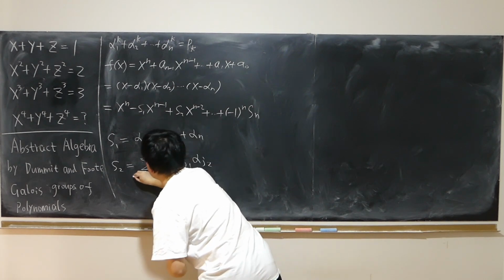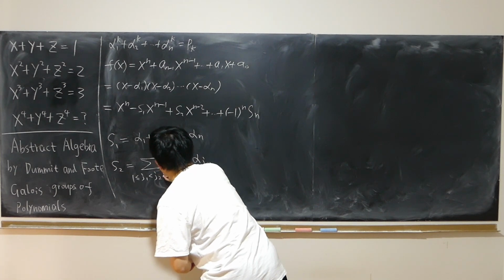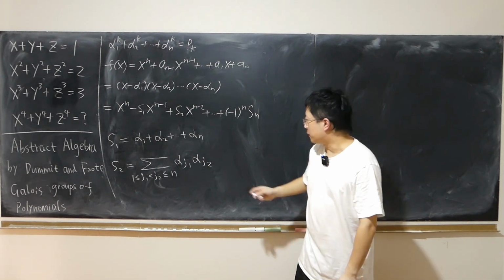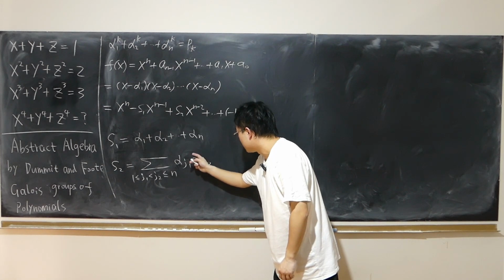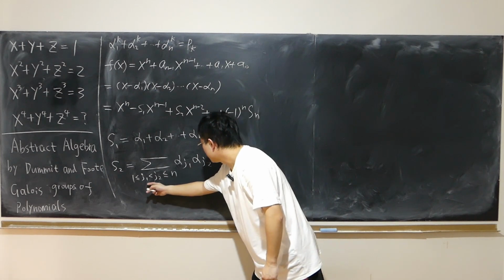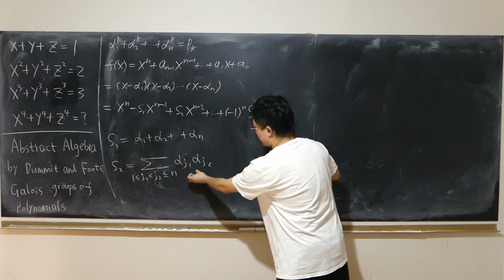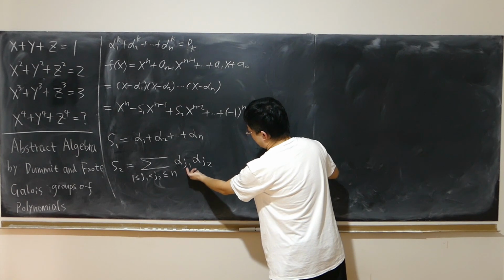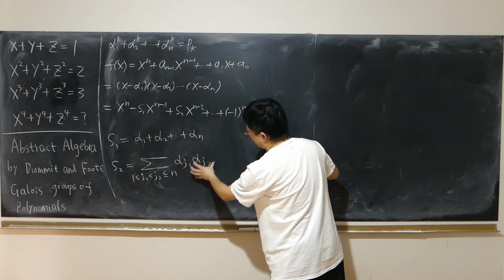I'll explain what that means. So 1 less than or equal to j1 less than j2 less than or equal to n. What this means is that this sum is composed of terms, where each term is the product of two variables whose subscripts satisfy this inequality, within 1 and n, all the possible combinations.